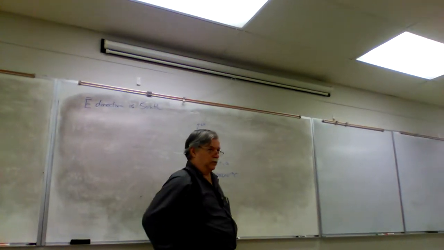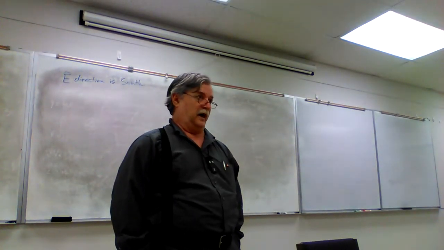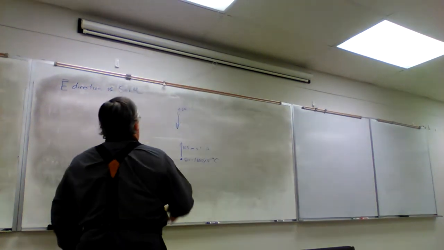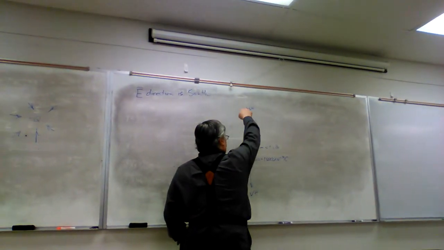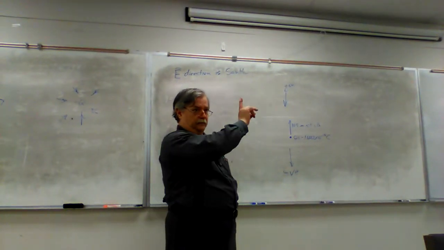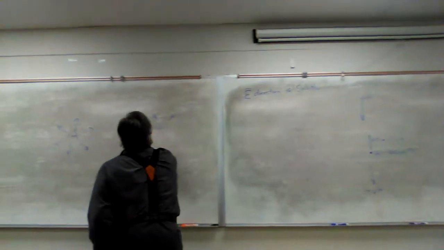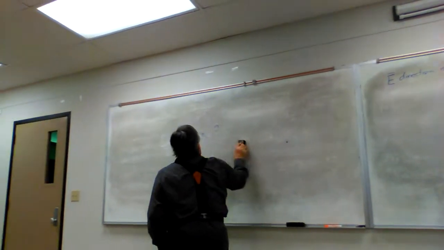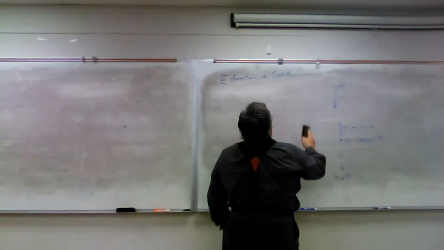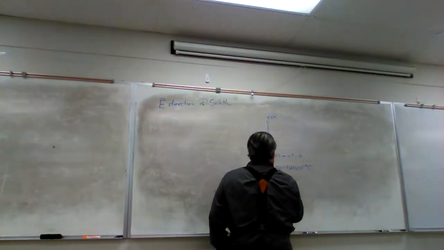The E field will push the proton in the same direction. It will push an electron in the opposite direction. Exactly. The electron's going north, so the E field is pointing south. And it's pushing the electron in the opposite direction. Now, that might be a little bit confusing, but that's all there is to figuring that out.